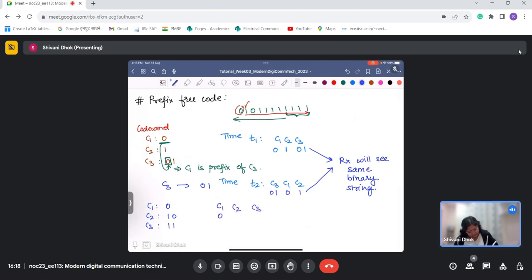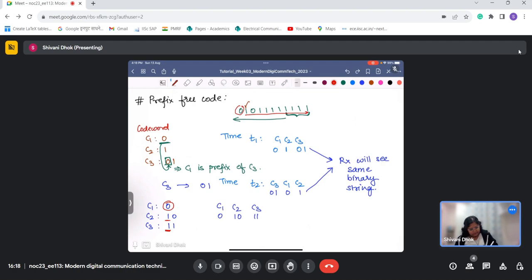So this will be 0, 10, and 11. Now this code book will be known at the receiver also. Again, this 0 is a single binary digit, and the remaining both are 2-bit codes. Now this 0 is not available at any of these initial places, which means that C1 is not a prefix of C2 and C3. So now what will happen is, the receiver will see a 0.